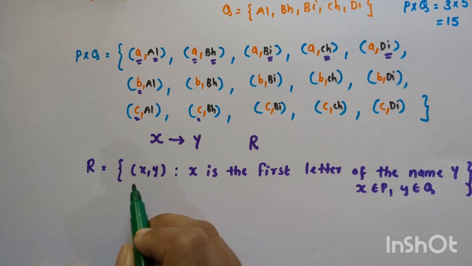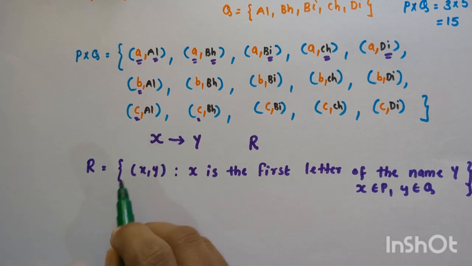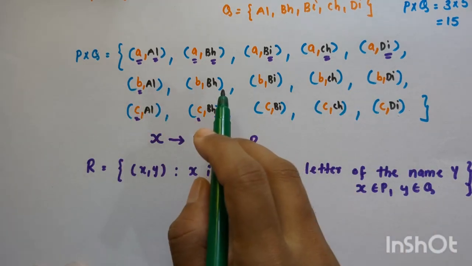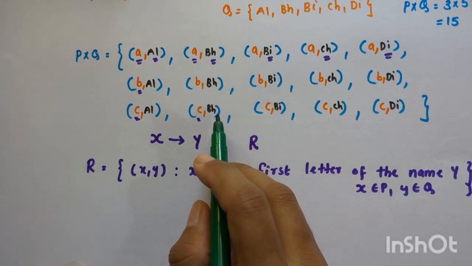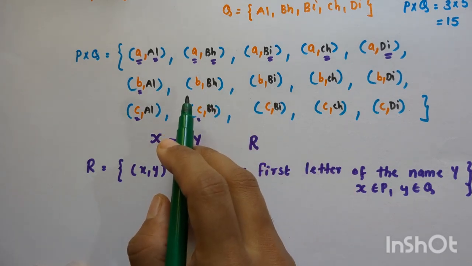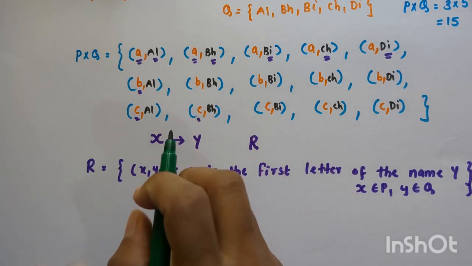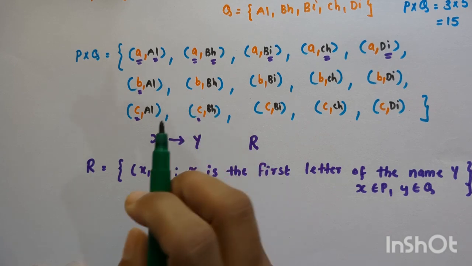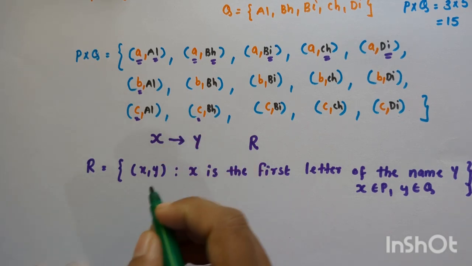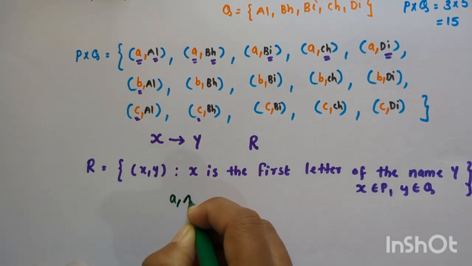When you write the ordered pairs from these sets, the first element should be the first letter of the second element Y. So in the new set, you can have this ordered pair (A, AL).